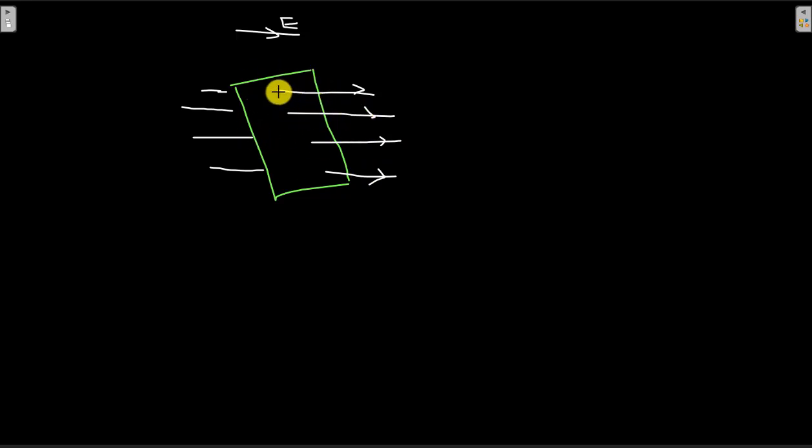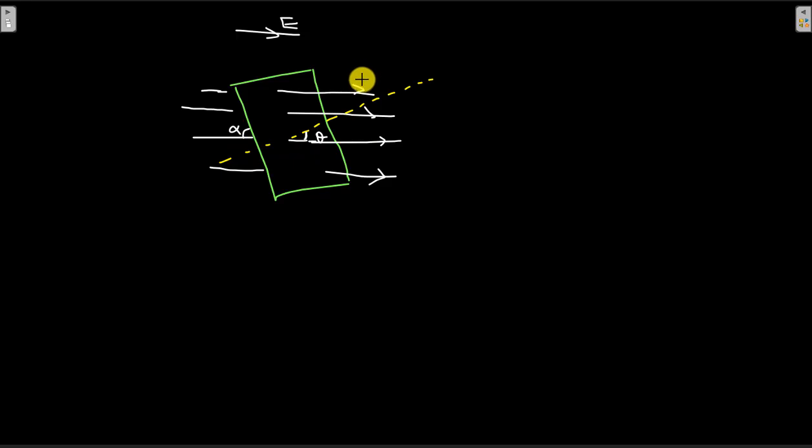As you notice, the electric field and the plane of this area are inclined at a certain angle. Let's call that angle alpha. And let's suppose that the normal to this area is this. So I draw a line that is normal to this area, perpendicular to this area. Let me extend this line. And let's suppose that the angle between the normal to this area and the electric field is theta.